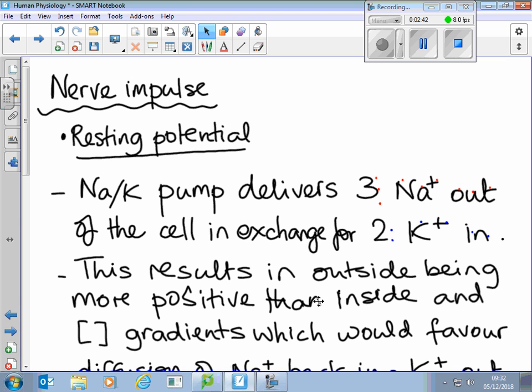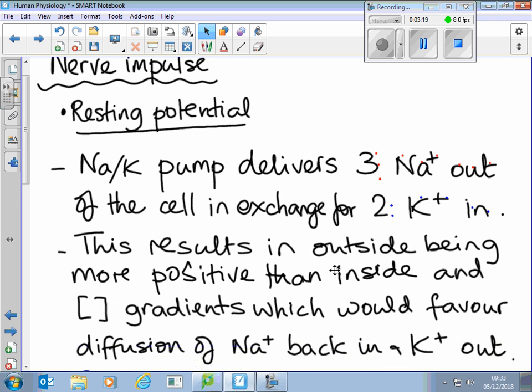With these, the way to remember it is that for the sodium ions going out, the number 3 matches up with the 3 characters in a sodium ion, Na+, and the 3 letters in OUT. So 3 sodium ions out, and then magically it also works the other way. So you've got the number 2, matching up with K+, 2 characters, and IN, 2 letters. So that exchange process is active transport.